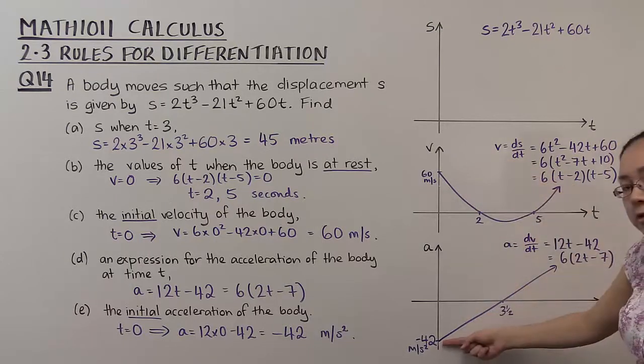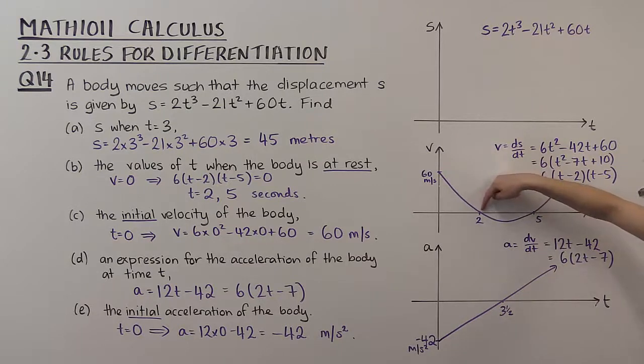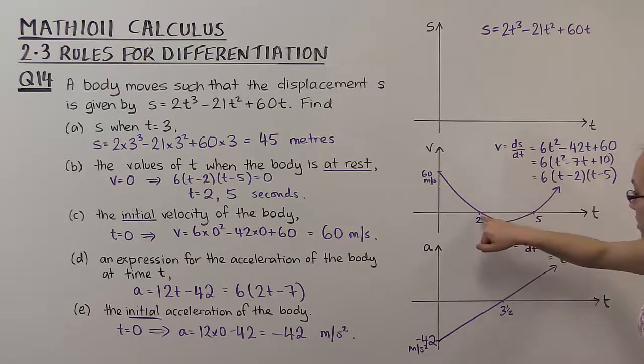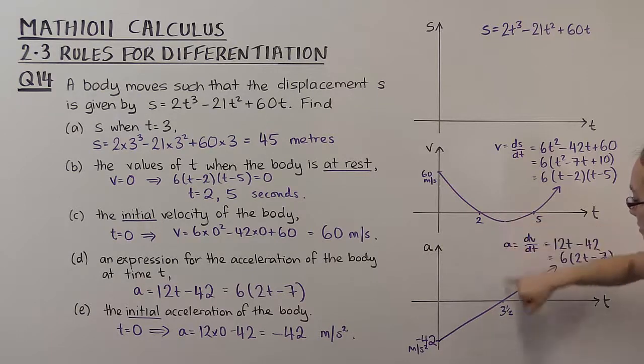It's kind of got a force acting in this negative direction, decreasing the velocity to 0 here, right? So the velocity is negative in this direction. At this point here, the change in velocity is 0. That's why we have this stationary point here, and this corresponds to the acceleration being 0 here.